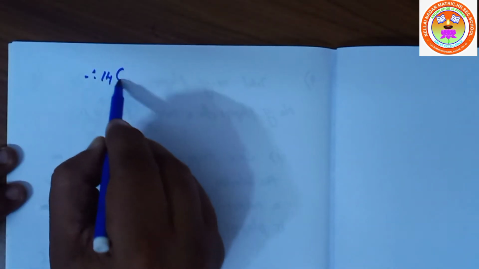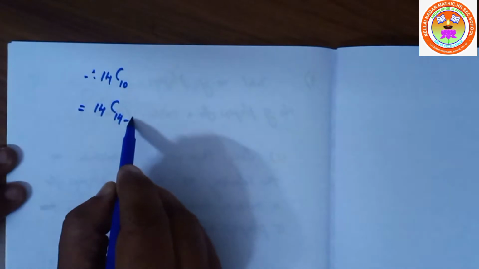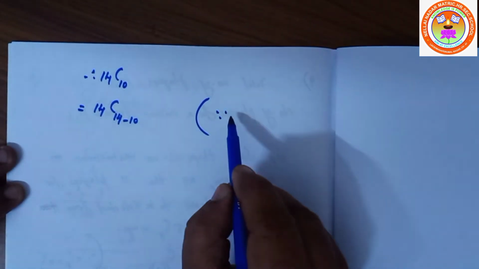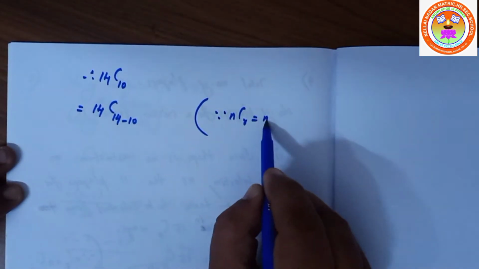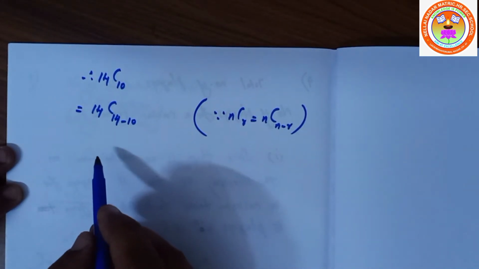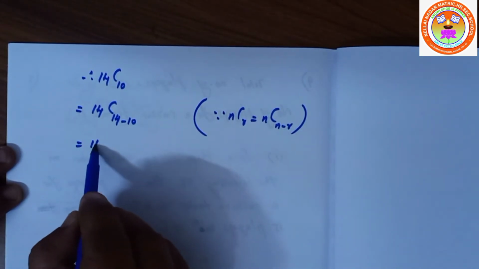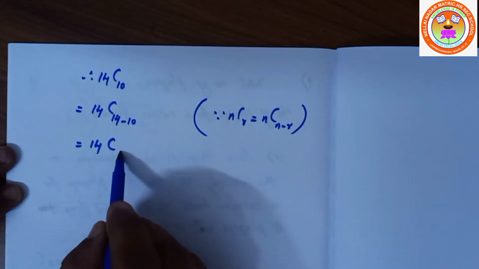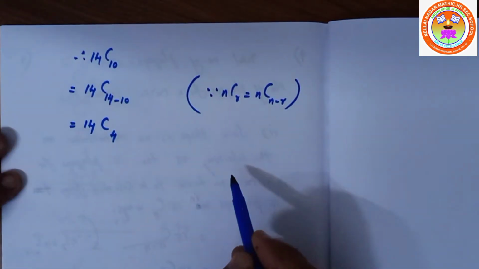Therefore 14C10, that is equal to 14C14 minus 10. The same property, since nCr, that is equal to nC n minus r. Okay. Then 14C14 minus 10, that is equal to 4.